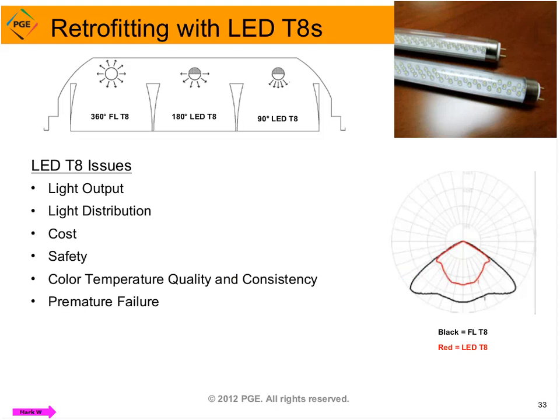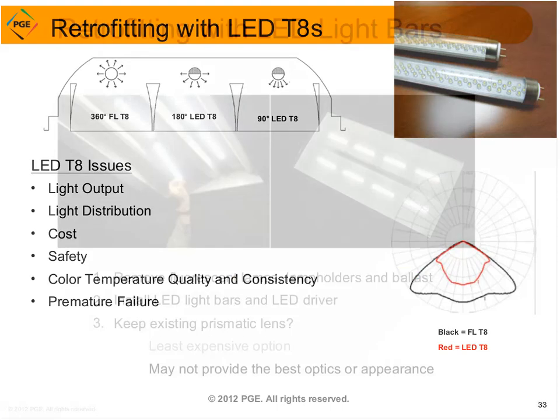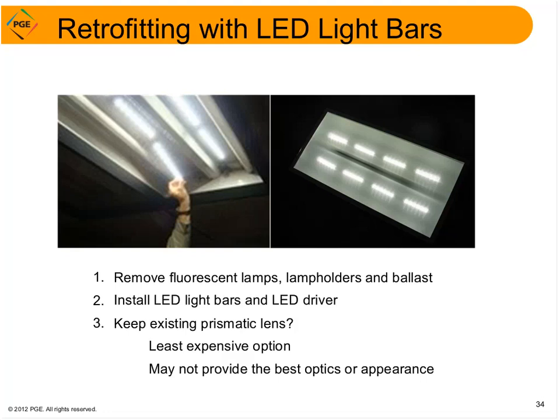The bottom line is, look at something besides an LED T8 for your upgrade options. A much better approach is to use LED light bars. These attach directly to the metal fixture housing, and this acts as a natural heat sink, which is important.